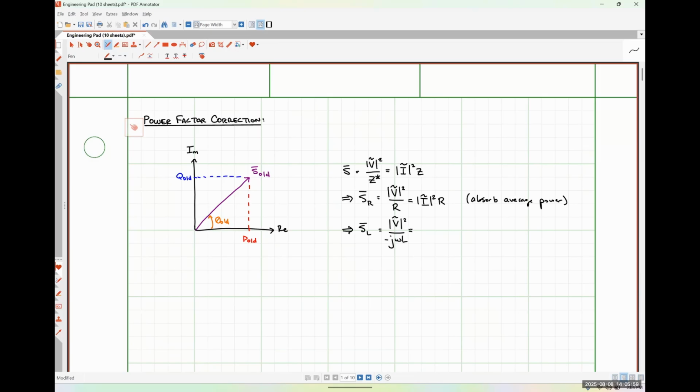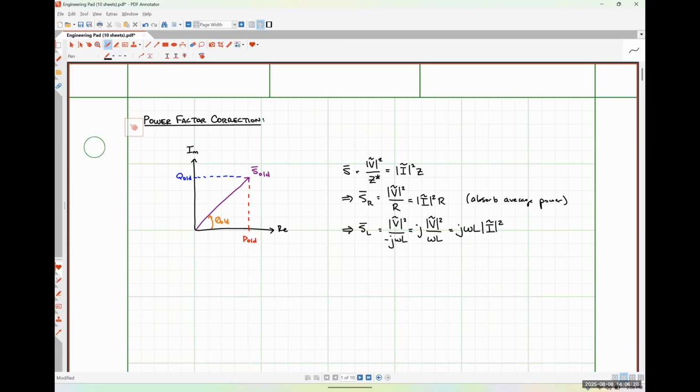So we could write this as positive j times the magnitude of the voltage squared over omega L. And then in terms of current, this would just look like j omega L times the magnitude of our current squared.